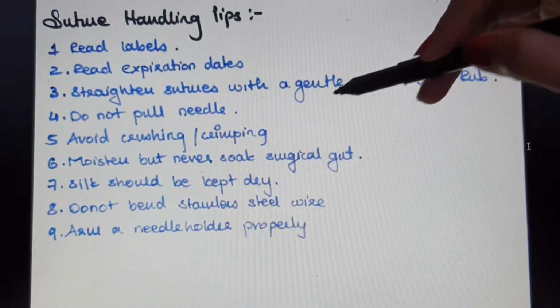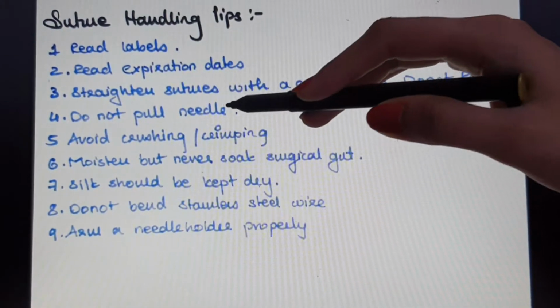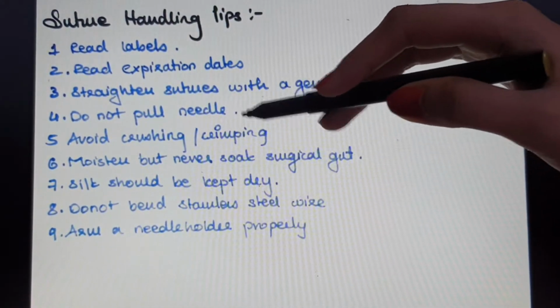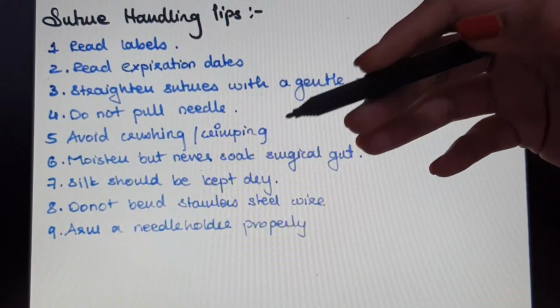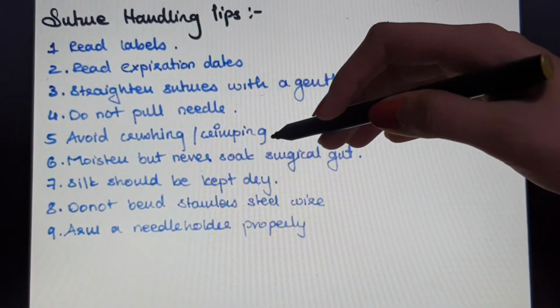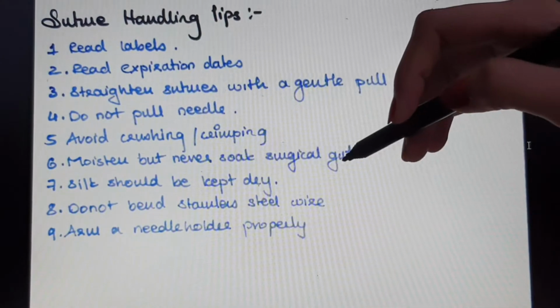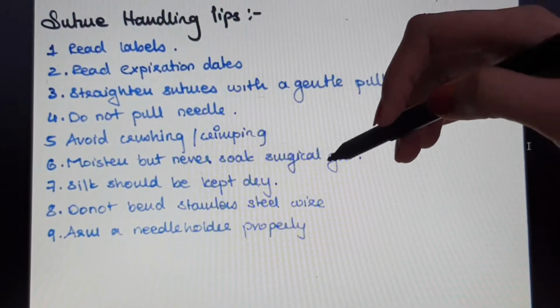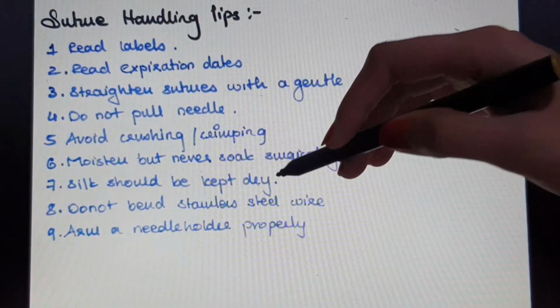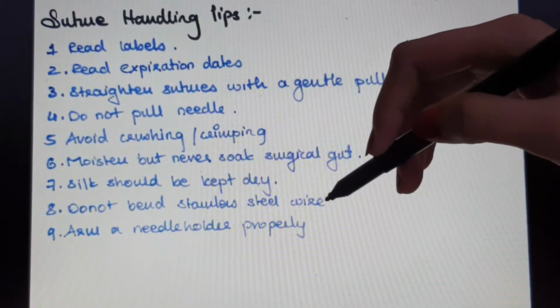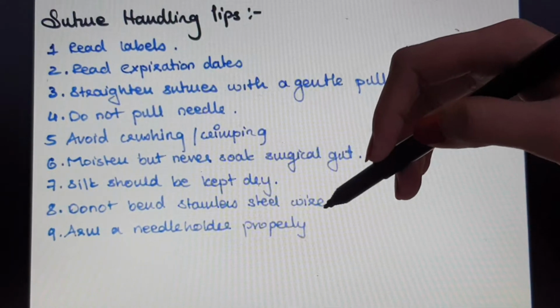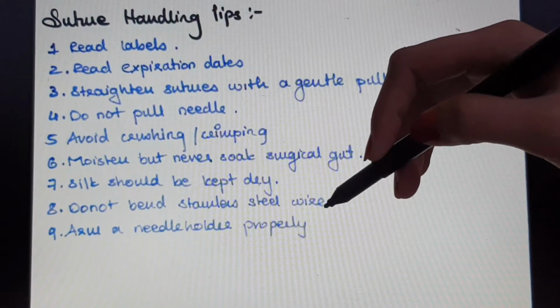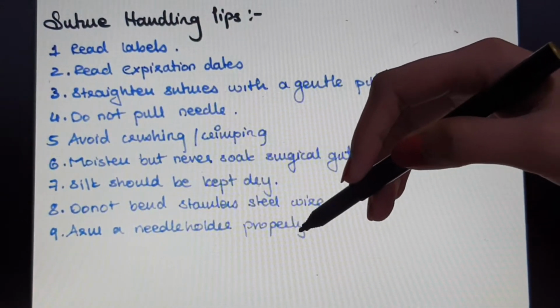Then strengthen the suture with a gentle pull. Do not rub it or scratch it. Do not pull the needle. Avoid crushing or crimping. Moisten but never soak the surgical gut sutures. Silk should be kept dry. Do not bend the stainless steel wire. The arm of the needle holder should be properly held.